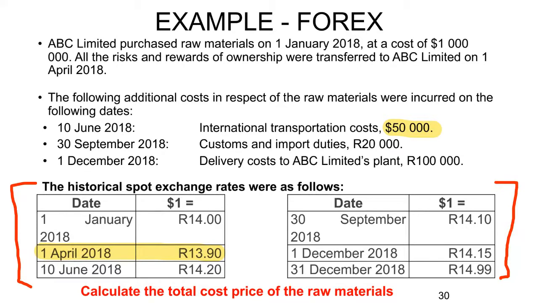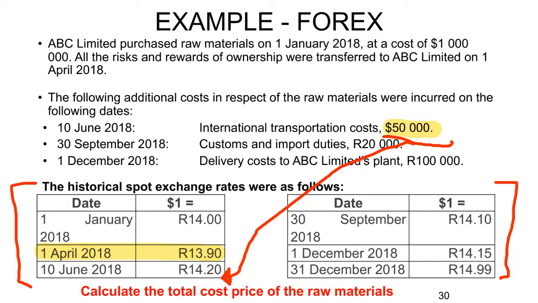Now, this cost is a cost that is incurred to bring this item to us, right? Therefore, we have to pay for it. Does that make sense? It's an item that we need. It's bringing it to us. We already have control over the item. We have to then pay for it. Because it was incurred on the 10th, we won't use the transaction date rate. We're going to use the rate for which date it was incurred. Does that make sense?